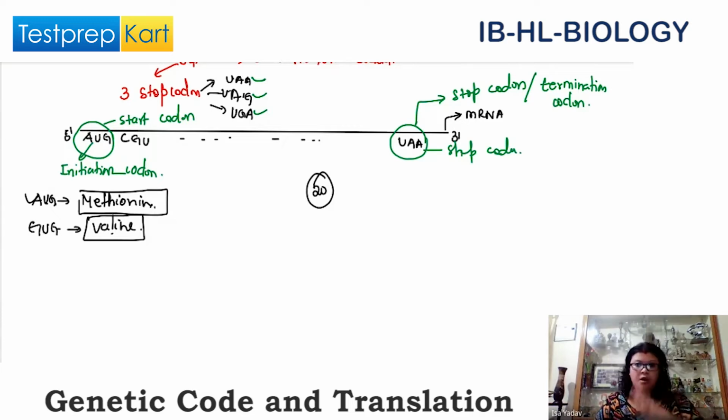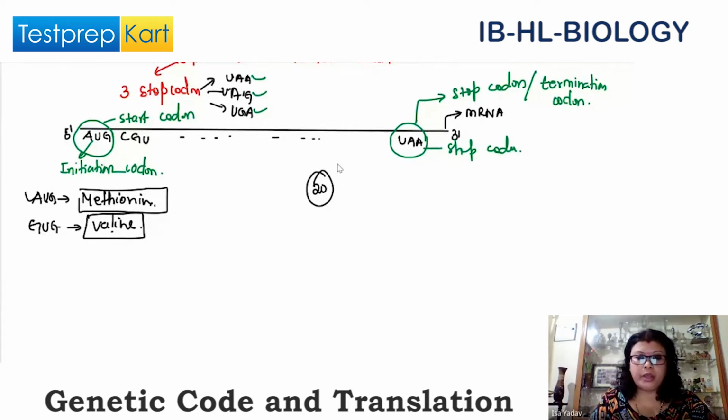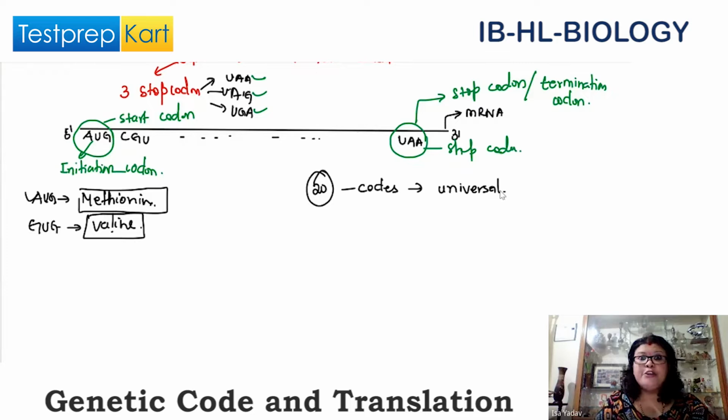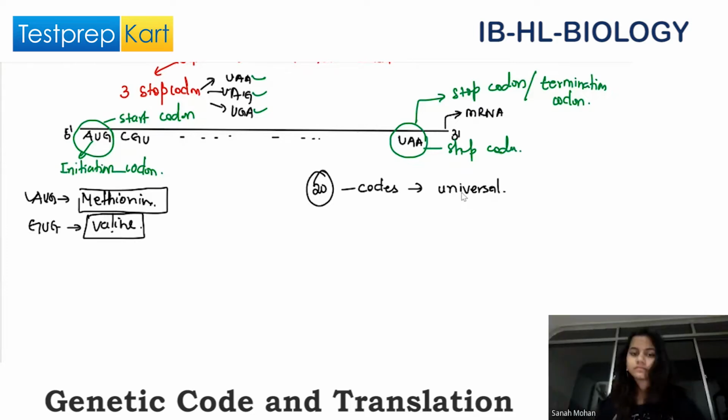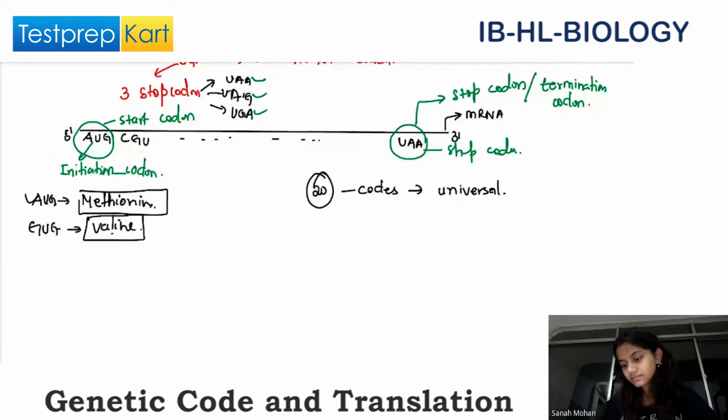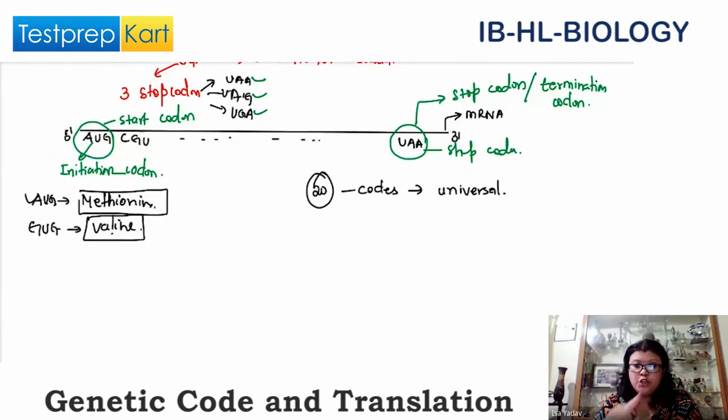So let's see this. All the codes that we have are universal. That means if you say methionine, you will use AUG.